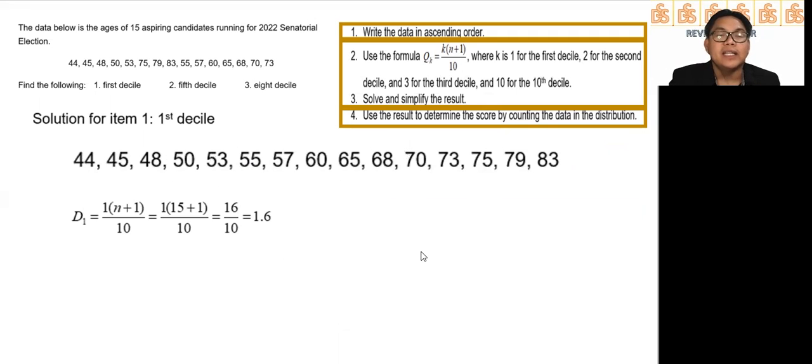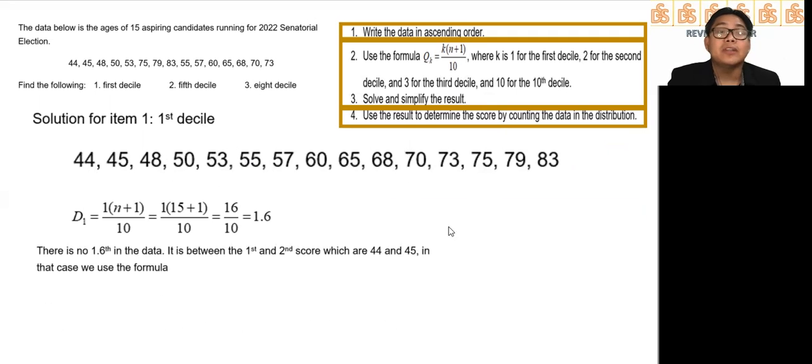In that case, we will not simply count. We have to use a particular formula to be able to find the first decile of the distribution, because definitely 1.6 is between the first and the second data. That means the first decile is between 44 and 45. But how do we get the exact value of the first decile?